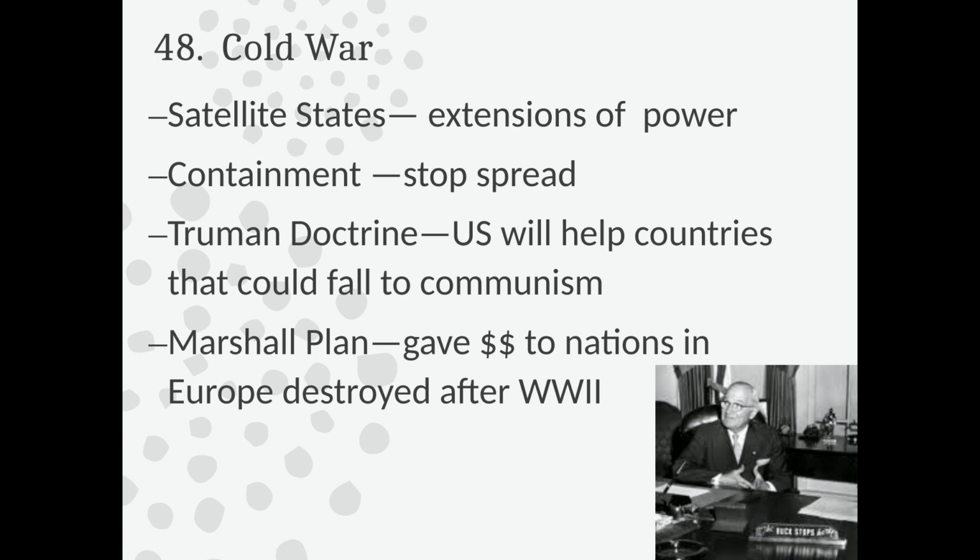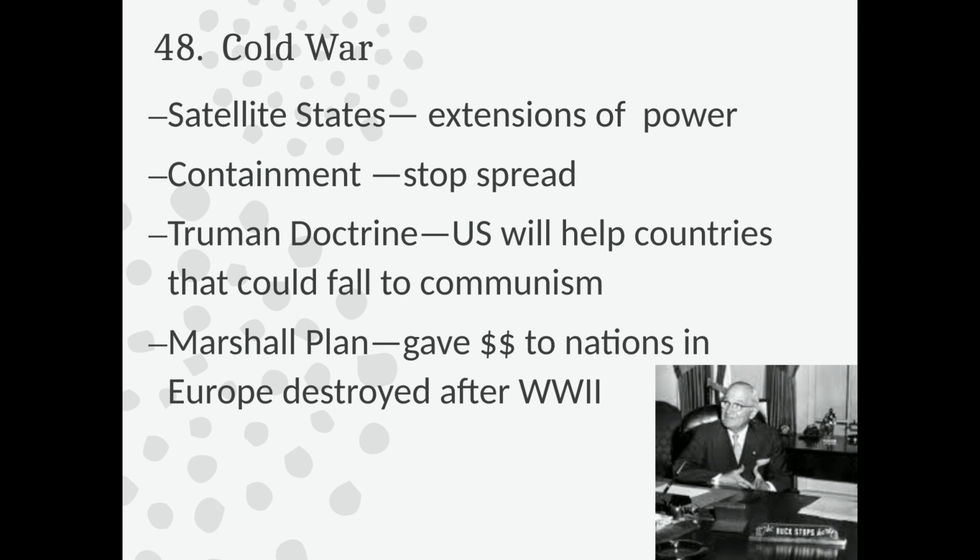Of course, with the end of World War II, we get the start of the Cold War, and this is when Winston Churchill gives his famous Iron Curtain speech that an Iron Curtain had descended across Europe, and it was dividing East and West. The eastern portion controlled by the Soviet Union, the western portion mainly dominated by Great Britain, the United States, and its allies.